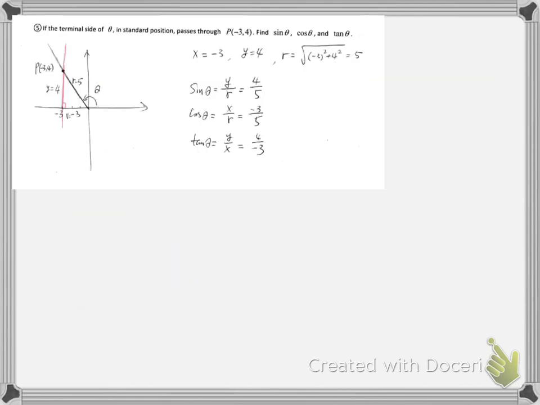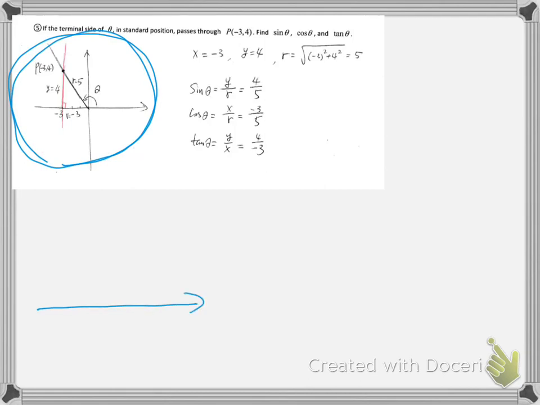So the next question. We know the terminal side passes through -3, 4. We want to find sine, cosine, and tangent. The important thing is you have to show me a picture like this, a picture with a right triangle in the xy plane. I need to see a picture.